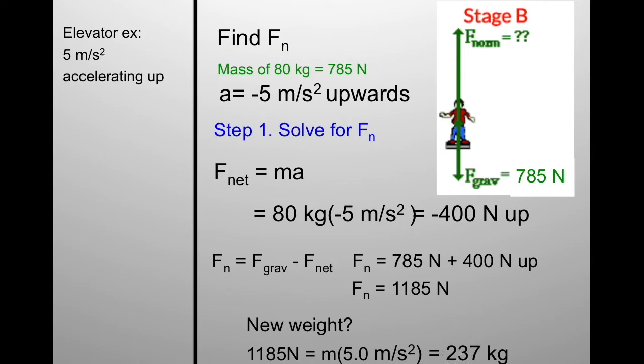He can weigh 0, but he can't weigh anything negative. So I just took force equals mass times acceleration in the positive form. Either that or you could just take the absolute value at the end. So Otis's weight is going to be 237 kilograms when he is accelerating upwards at 5 meters per second squared.